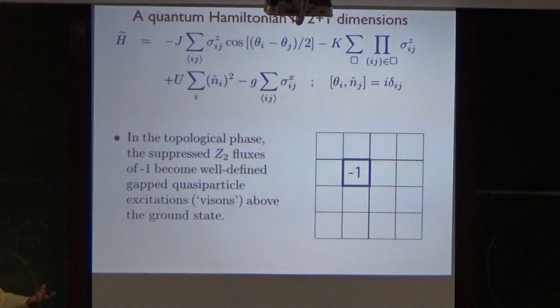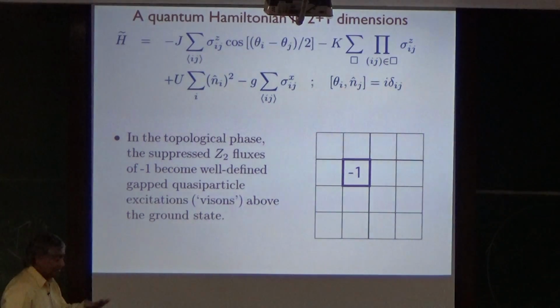But suppose you manage to create a pi flux, well, then that object is a stable particle. It cannot decay. All the terms of the Hamiltonian conserve total flux. They only create flux +1 and -1 in pairs. So the odd vorticity is going to be preserved.